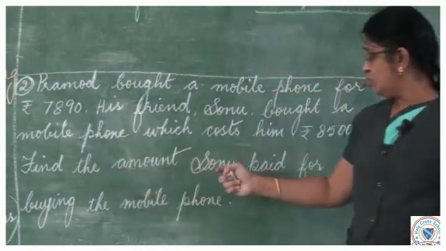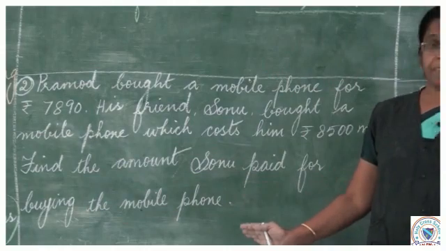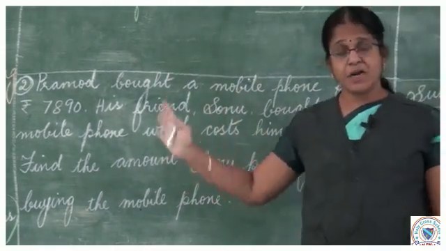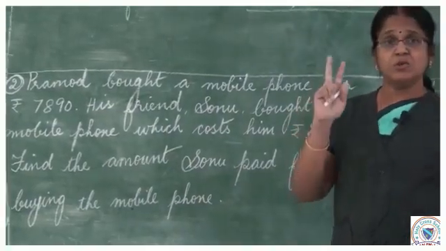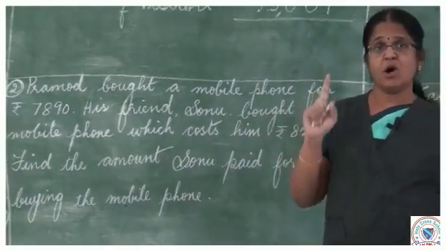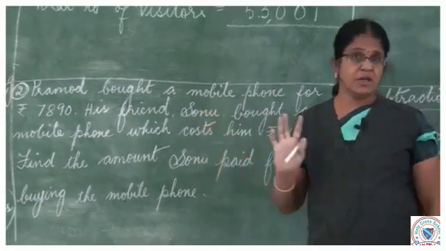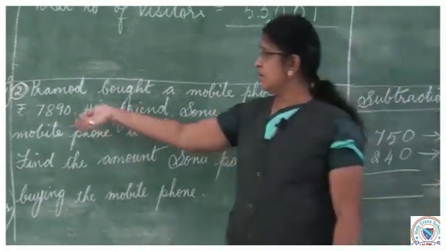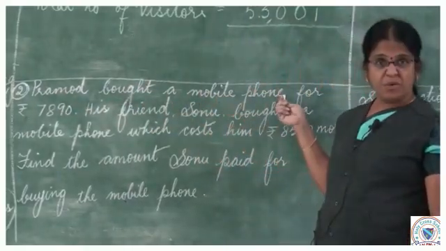Find the amount Sonu paid for buying the mobile phone. Whenever you get a money related story problem, you have to use two root words. One is cost, the other one is amount, depending on the question. Here in the question it is given, Pramod bought a mobile phone.